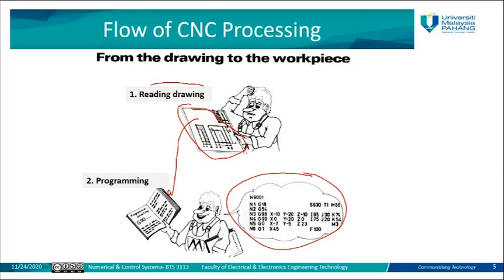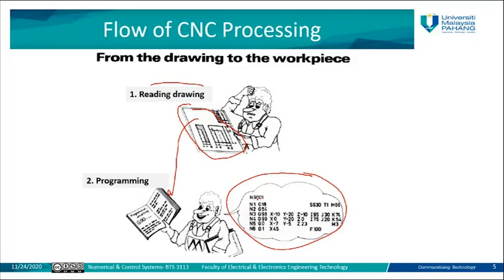Okay. So after he has the program, it will be stored, for example, in the conventional NC machine, they use the tape. So this program will be stored on the tape, and the tape will go through the tape reader, and the machine control unit will understand the program.